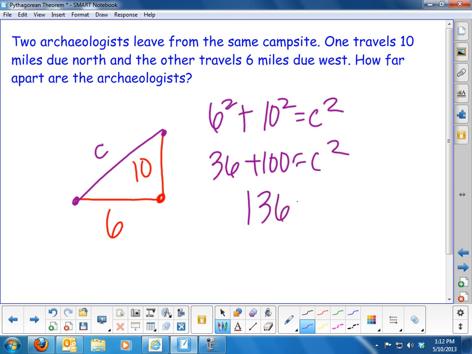So 136. Now I need to take the square root of each side. So I need to figure out how I can simplify the square root of 136.